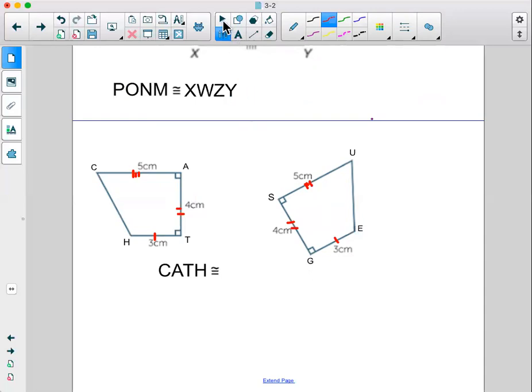And then to finish the congruency statement, you have to look carefully. If this shape is called CATH, 3 scratch, 2 scratch, 1 scratch, no scratch, then I have to do the same here, 3, 2, 1, no, or USGE.